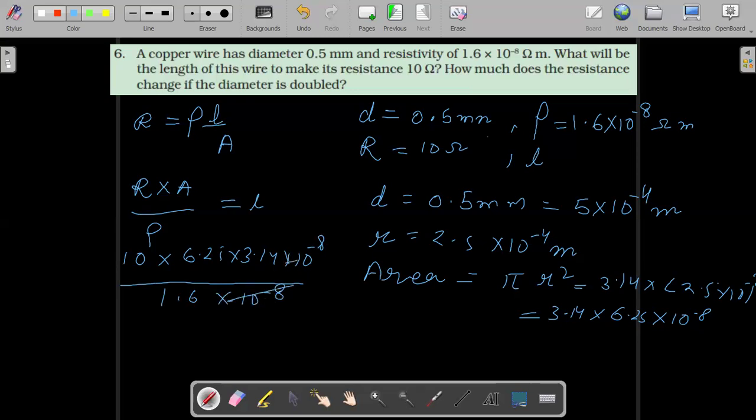The 10 to the power minus 8 terms cancel, and now you can perform these simple calculations to obtain the length of the wire. Is this clear to everyone?